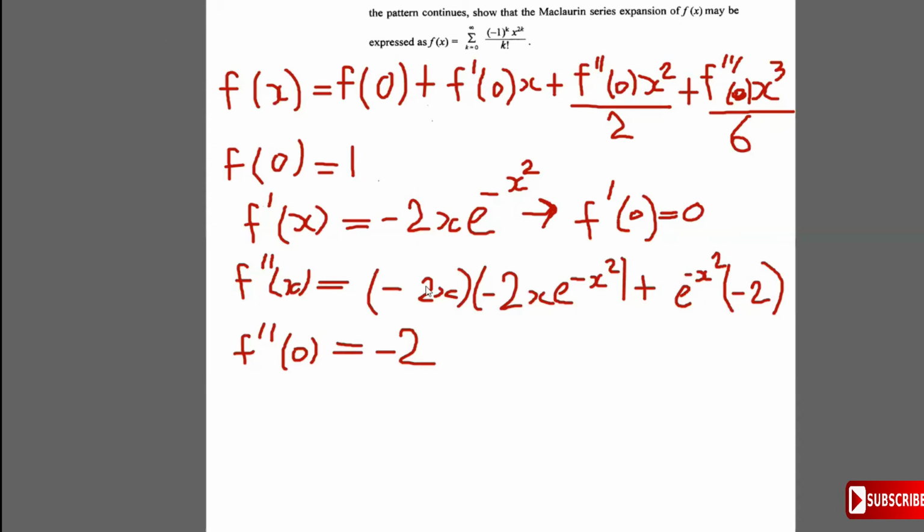Now, minus 2 times minus 2 is really 4, and x times x is x squared. So I want you to look at this now as 4x squared e to the minus x squared, because we're going to have to use product rule again.